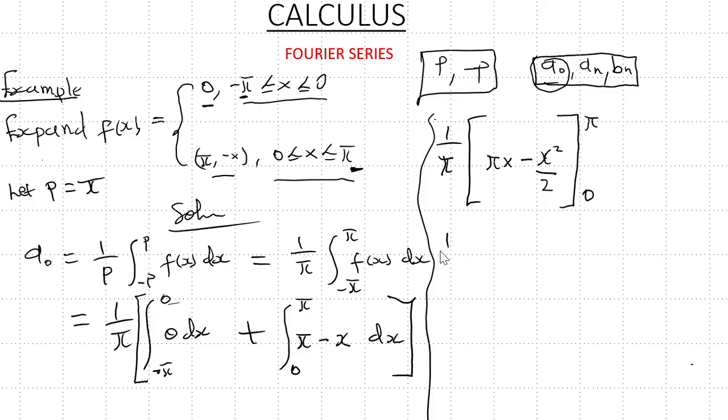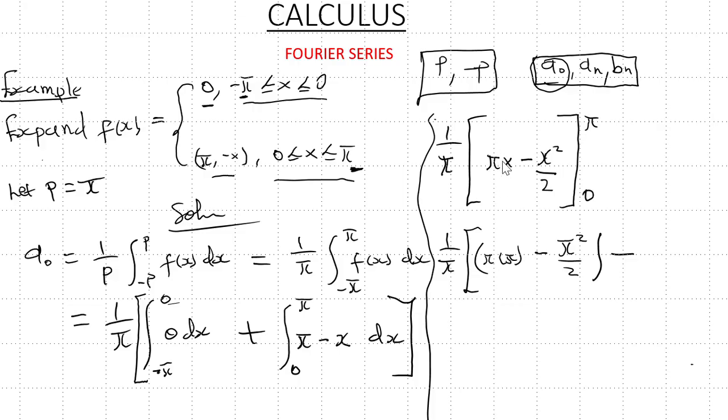So we don't forget our 1 over pi, bracket opened. So wherever we see x, we're going to put pi there. So it's going to be pi times pi, then minus, so this is x squared, so it's going to be pi squared all divided by 2. Then minus, we're going to put 0 here.